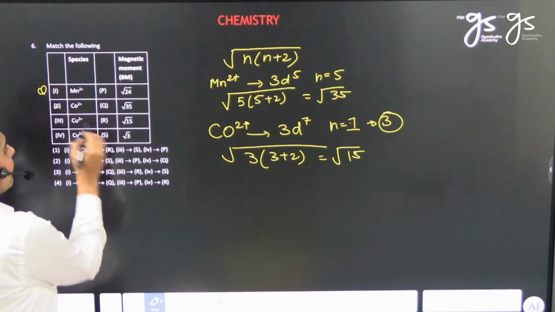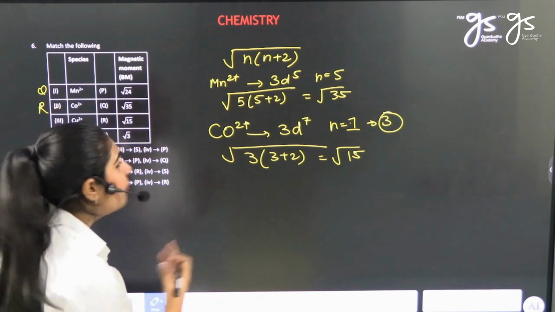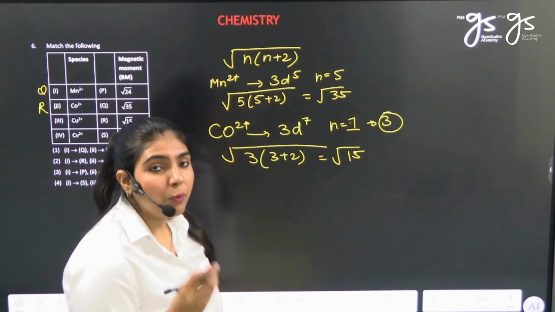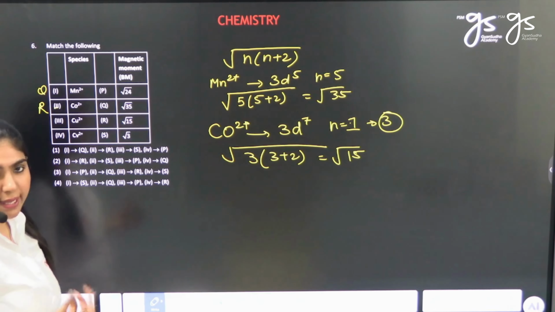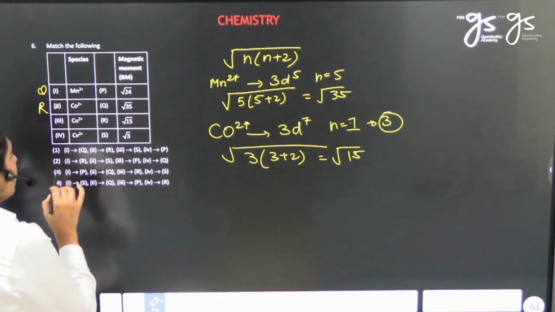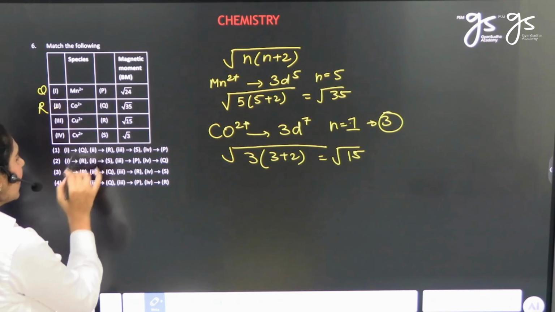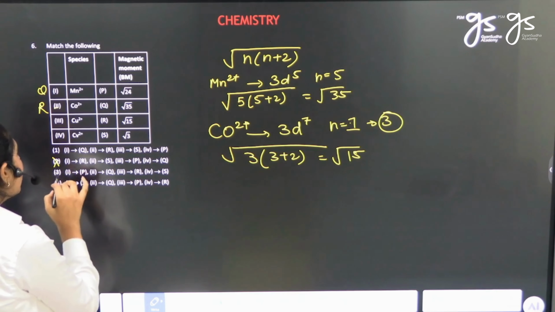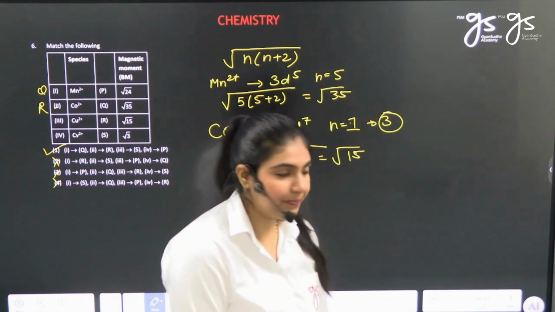Before calculating for the other ions, it is better to analyze the options. We have seen that Mn2+ is Q, but the other options are not, so all the other options are incorrect and the first option will be our correct option.